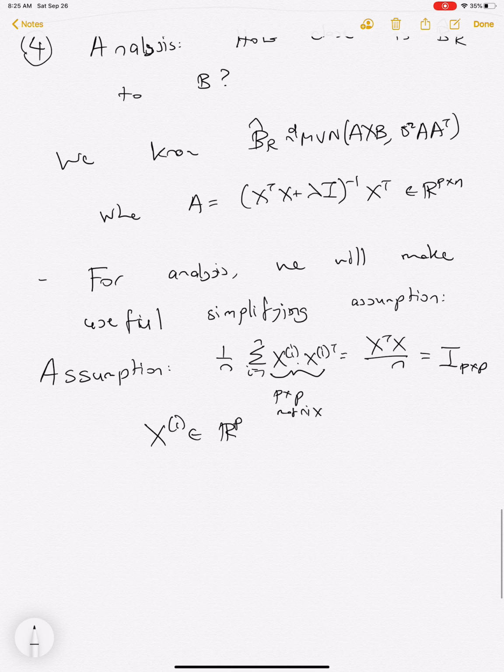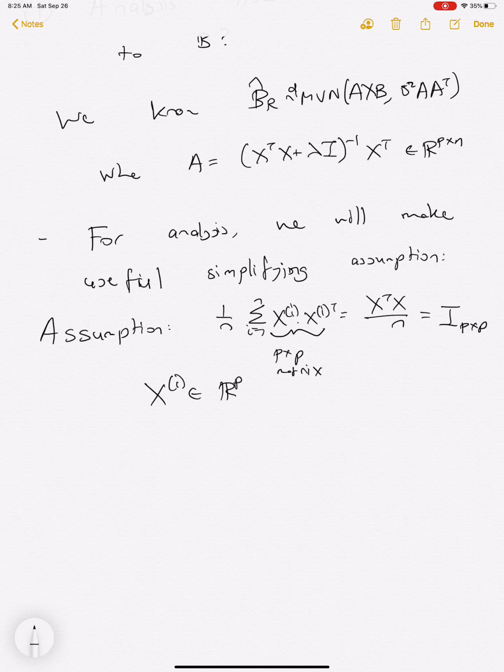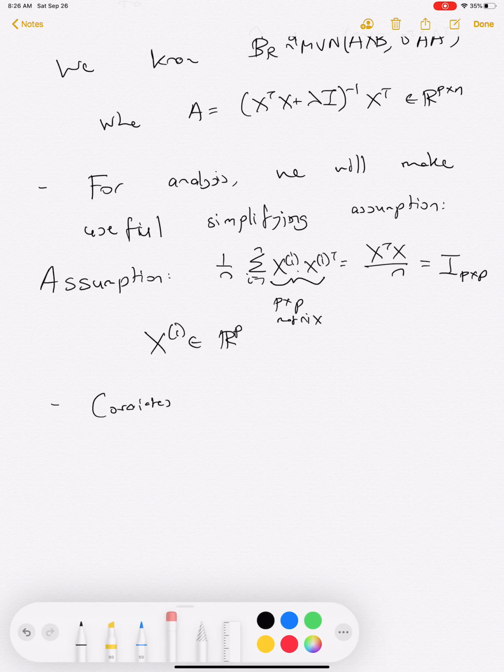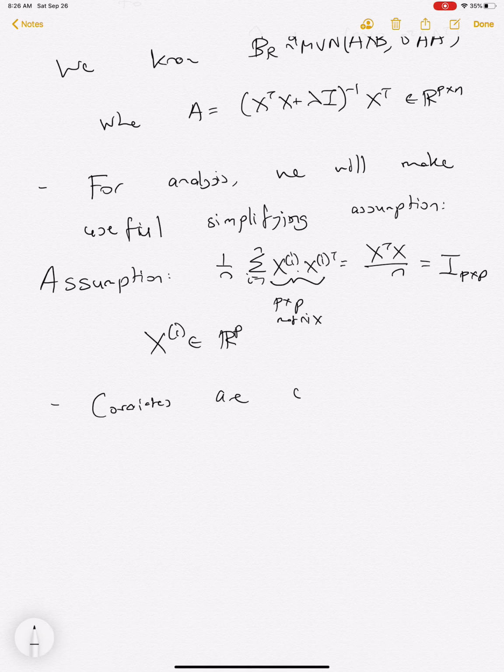So what that means in principle is that covariates are orthogonal, or uncorrelated is another way to think about it. So we have features that are not really greatly influencing each other.